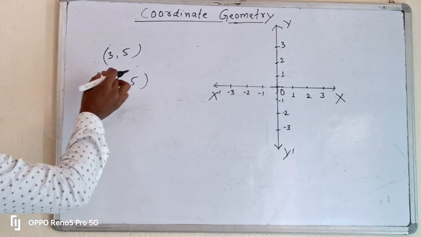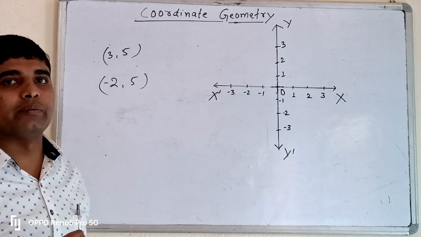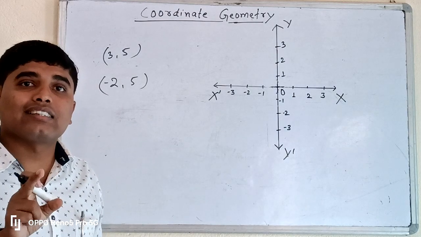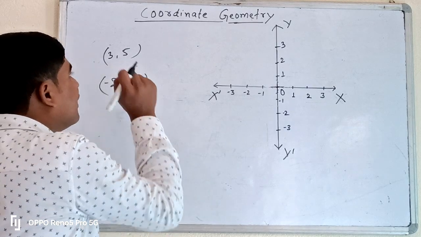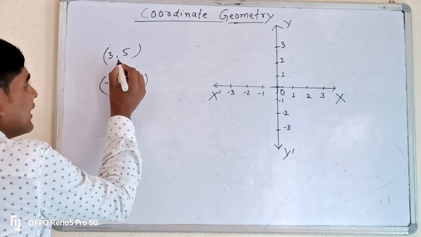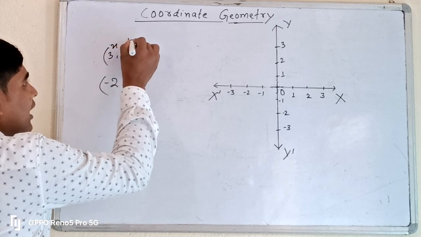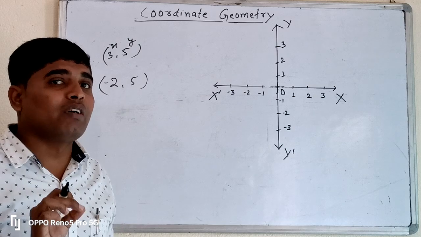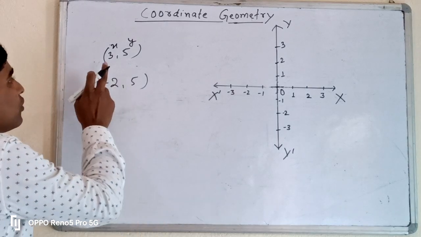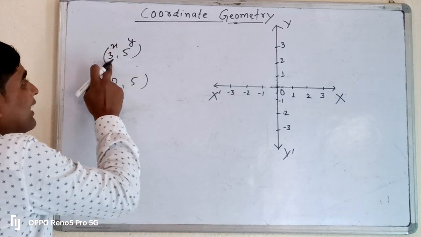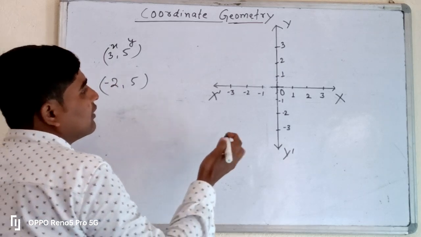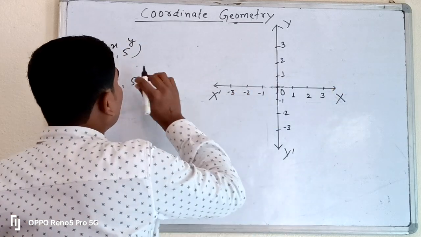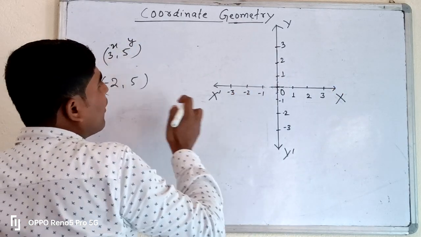Here I should mention 3, 5 and minus 2, 5. The first number lies on the x-axis and the other number on the y-axis. It means that 3 is x and 5 is y. So if you have to locate the position of 3, 5, first you find 3 on the x-axis. 3 is here, and we find 5 on the y-axis.